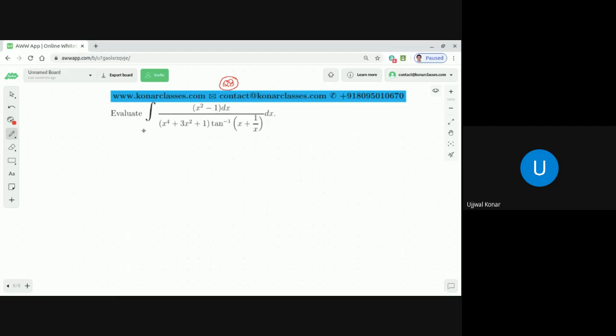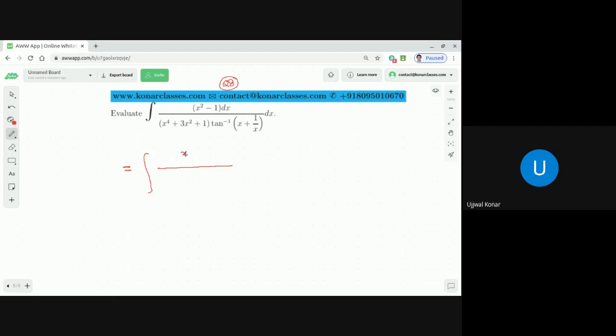So the first thing we can do is that as in the denominator we get x power 4, to express this in terms of x square, we need to divide by x square.